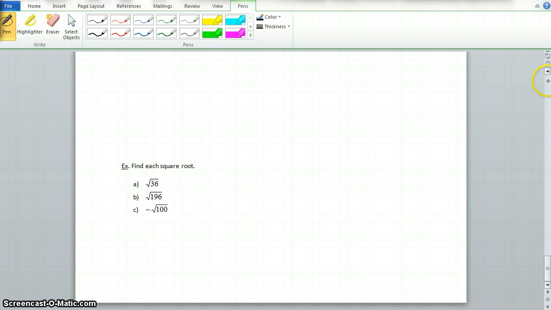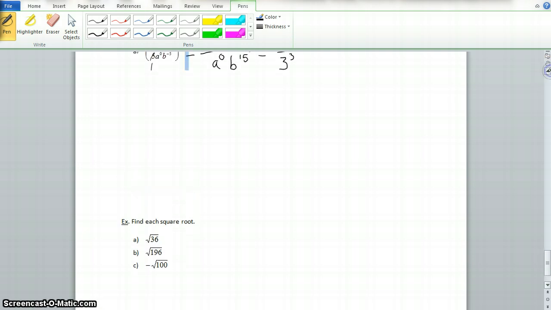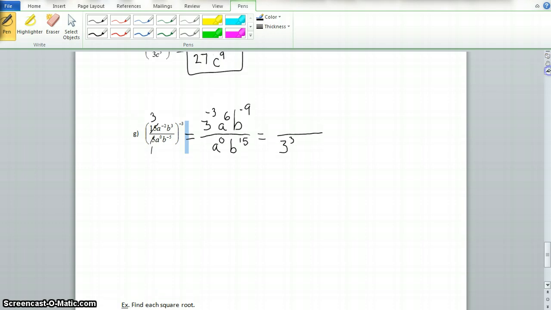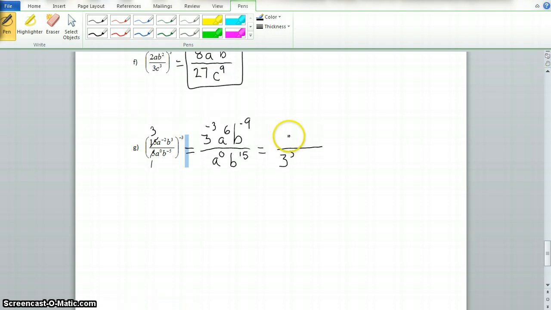My a to the 6 is already positive, so it's going to stay on top. And my b to the negative 9 in the numerator jumps down below. Then in the denominator, the a to the 0 is just 1. We won't write it. The b to the 15 is still down there. It's already positive.